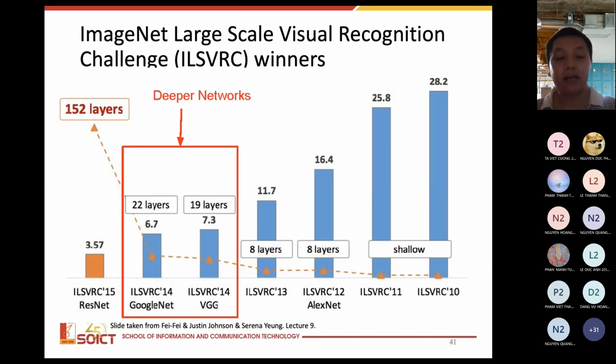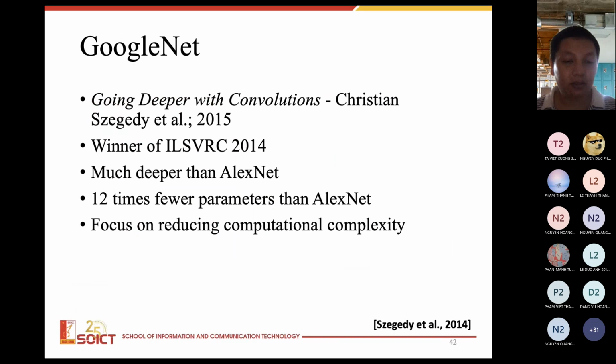Okay, so let's continue with GoogleNet. GoogleNet was proposed in the paper Going Deeper with Convolutions in 2015. It is the winner of ILSVRC 2014. It is much deeper than AlexNet, but it has a third of the parameters of AlexNet. GoogleNet focuses on reducing the computational complexity.